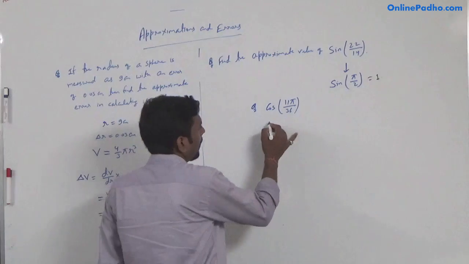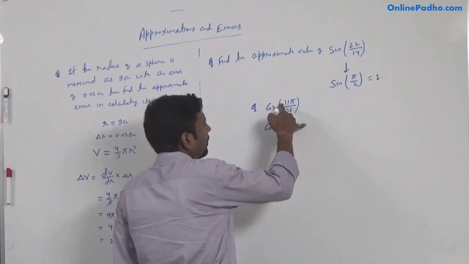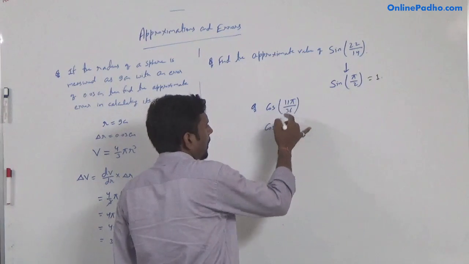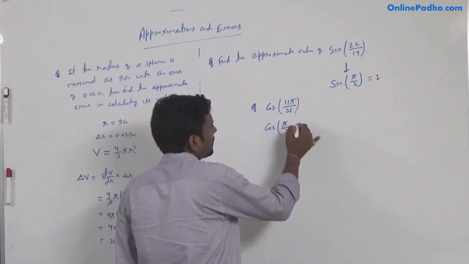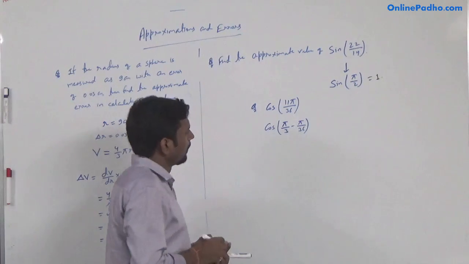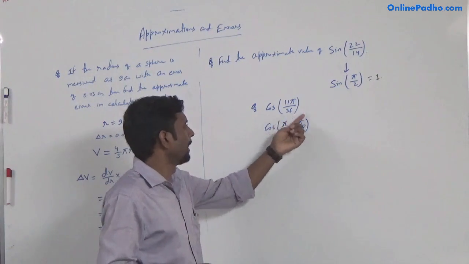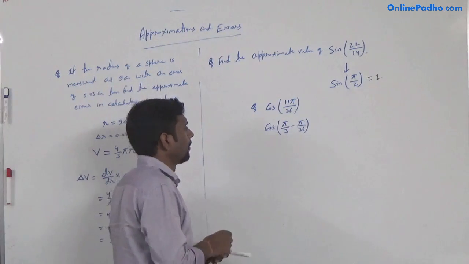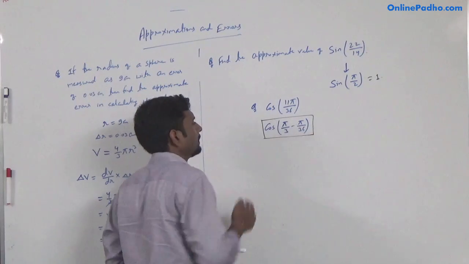It can be written as cos of 12 pi minus pi by 36, that is pi by 3 minus pi by 36. If you take 36 as LCM, you will get 12 pi minus pi, that is 11 pi by 36. So now this is the value.